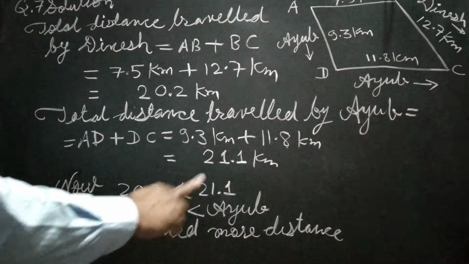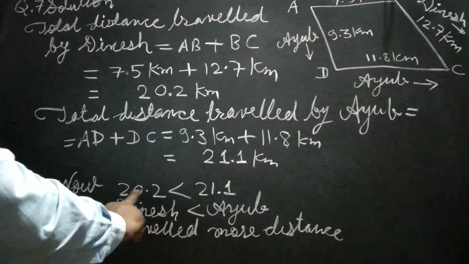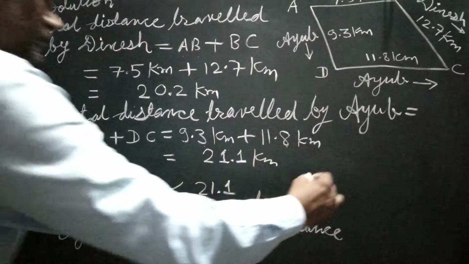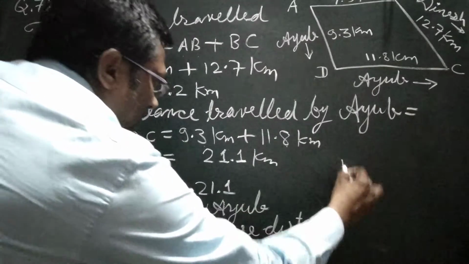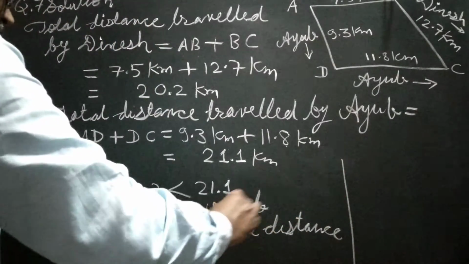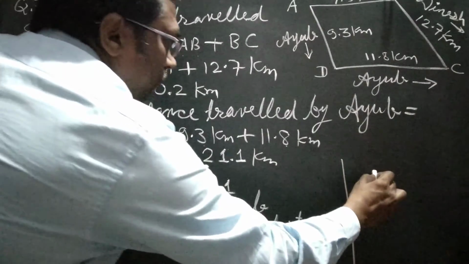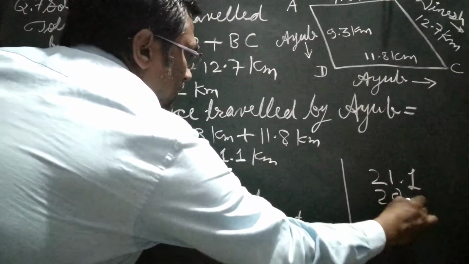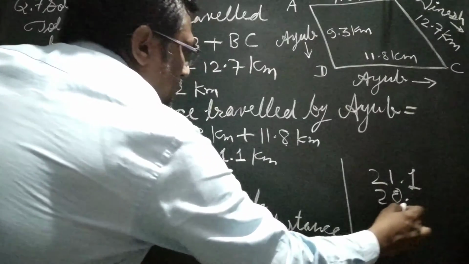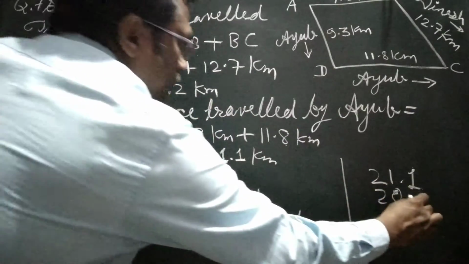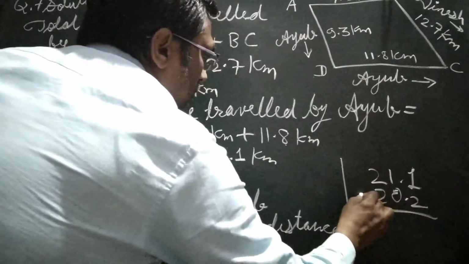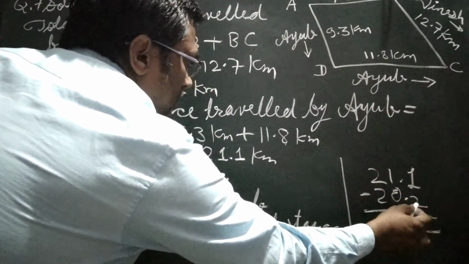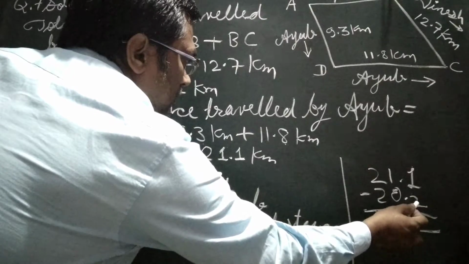So we will find the difference between these two figures. After subtracting we are getting 21.1 and 20.2. So you know how to subtract. So 1, we will subtract 2 from 1.